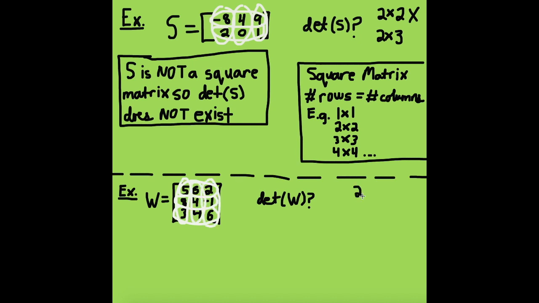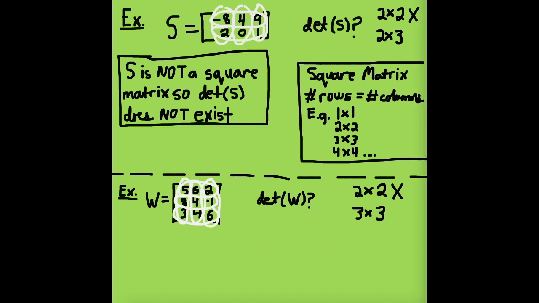So this is not a 2 by 2 matrix. This is a 3 by 3 matrix. Since this is not a 2 by 2 matrix, we cannot use the formula we learned in this video to find the determinant. However, this is a square matrix, since the number of rows equals the number of columns. Matrix W has 3 rows and 3 columns, hence it is a 3 by 3 matrix.